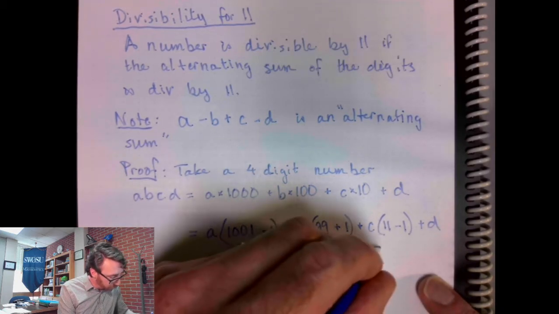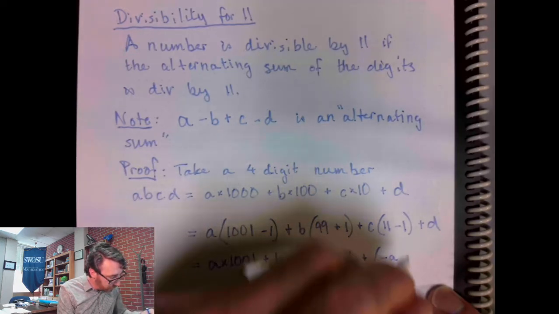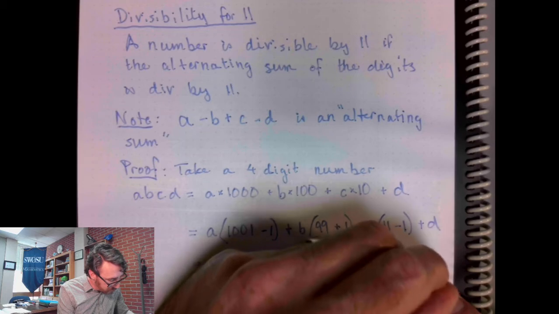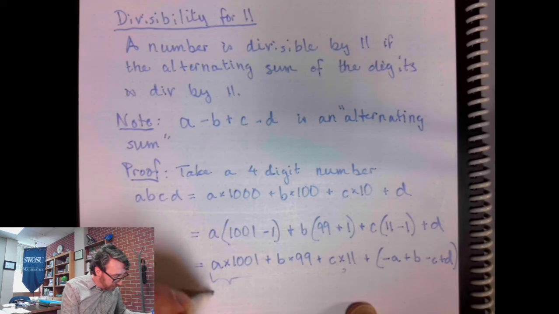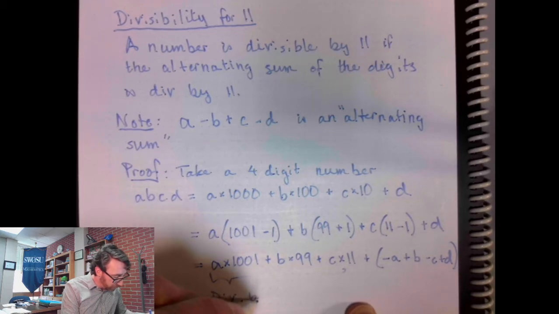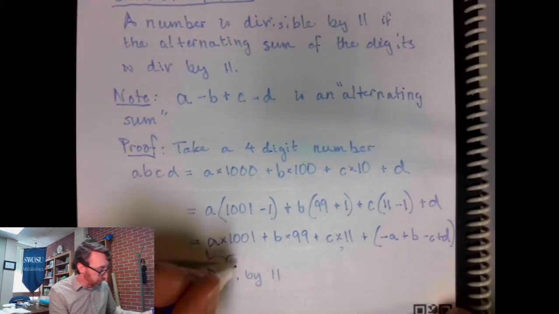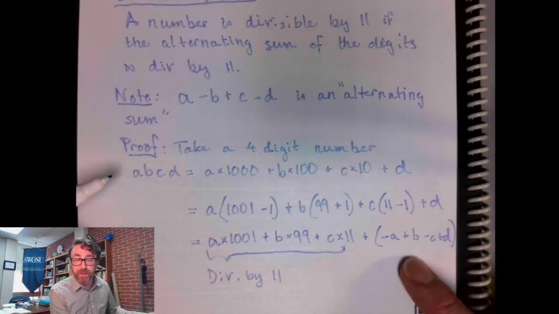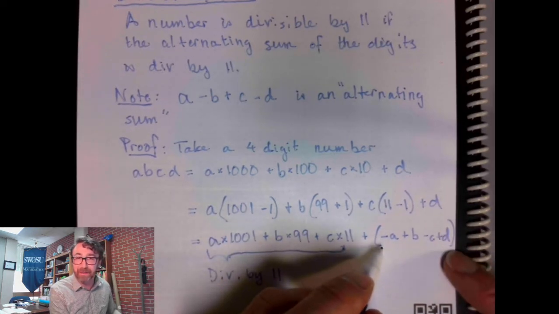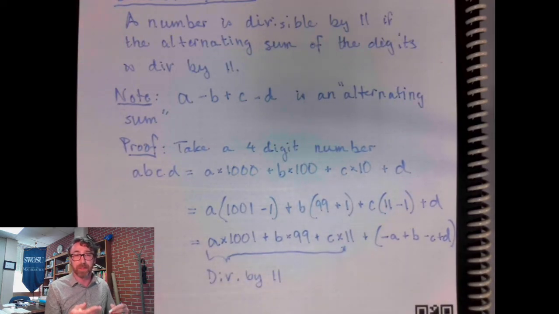And now the leftover parts, the singles, would be minus A plus B minus C plus D. Okay, now this is guaranteed to be divisible by 11, this first part. So, once again, falling back on the divisibility lemma, the total of these two, which is equal to the number that we started with, will be divisible by 11 exactly when this alternating sum is divisible by 11.